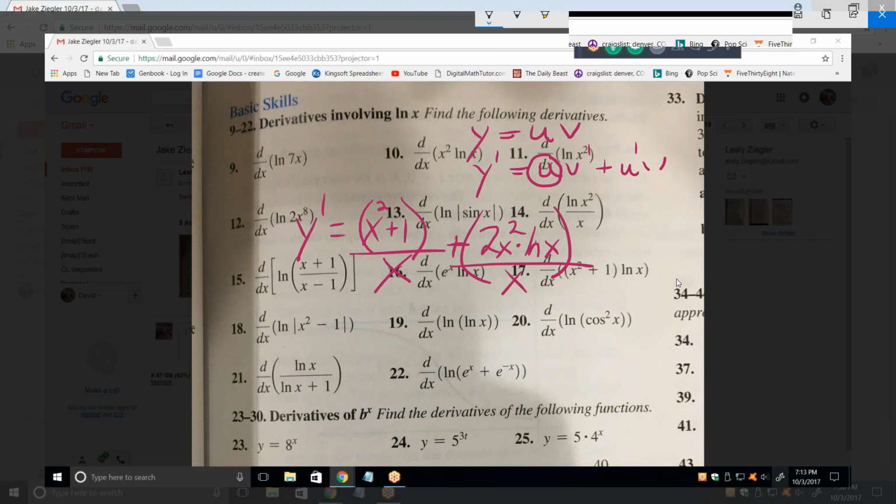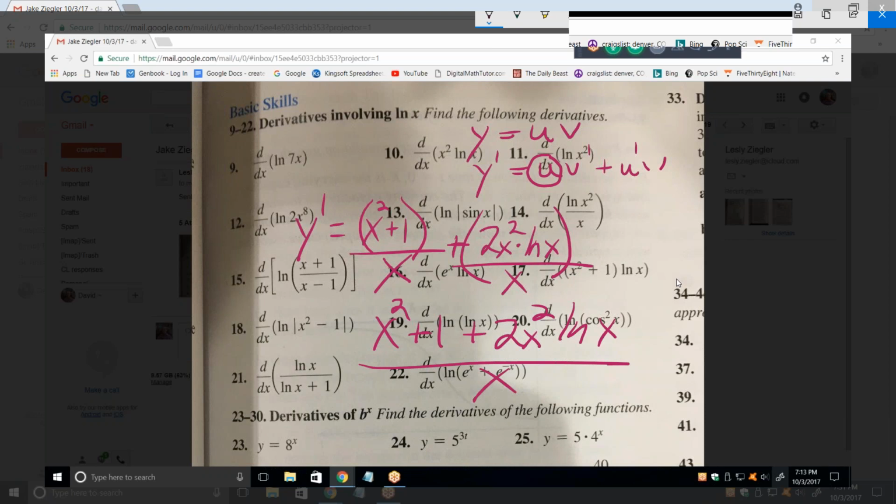You see I have not changed the right fraction at all? Now I can operate on the numerators because I have a common denominator. So the numerators become x squared plus 1 plus 2x squared times natural log of x, all over x.